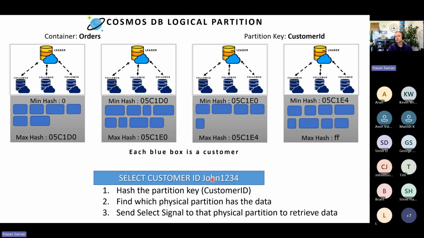And you really need to pay attention to that, because before you create the container, Cosmos DB is going to ask you what the partition key is for it. Before you have any data, it's going to ask you that question. So you really need to study your data and figure out what your partition key is going to be, because you cannot change that partition key after the container is started.